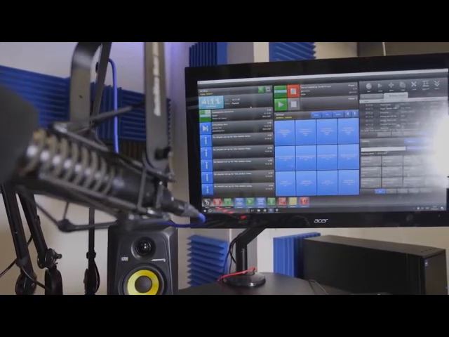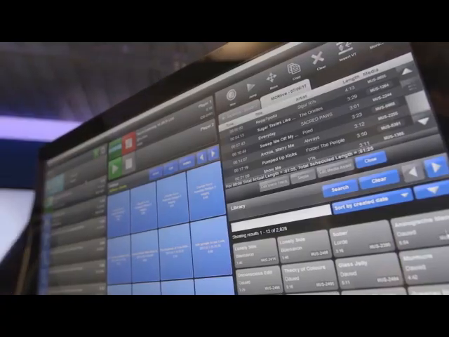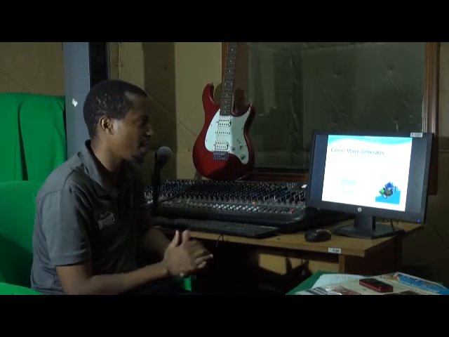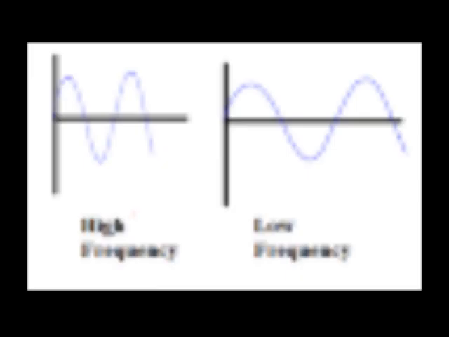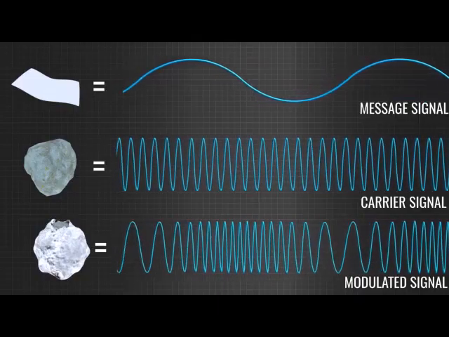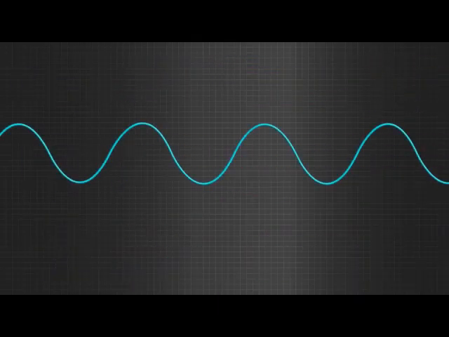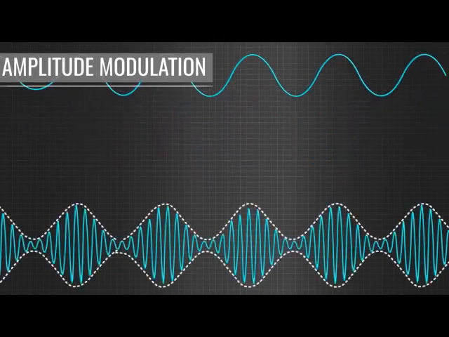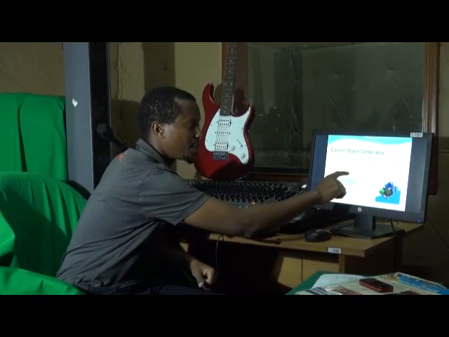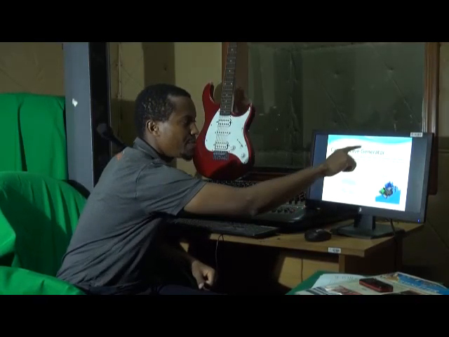Remember, we say that sound has 4 properties, but 3 are the major ones. We have the amplitude, that is the height of the wave. We also have the frequency, that is the number of times the wave occurs. And then we have the wavelength, that is the distance between a point A and a similar point A in a similar wave.